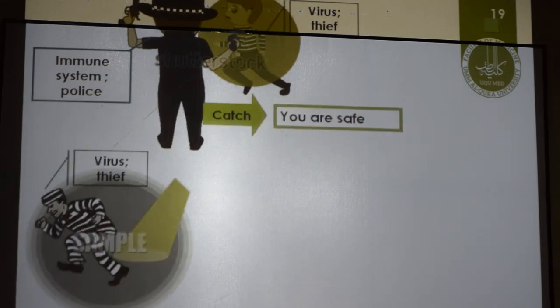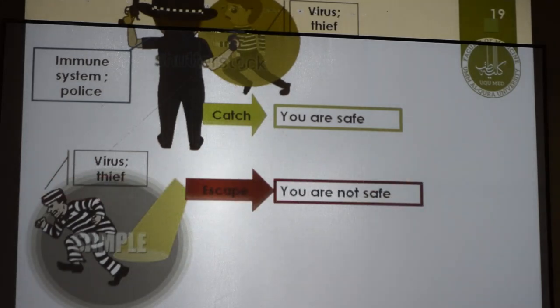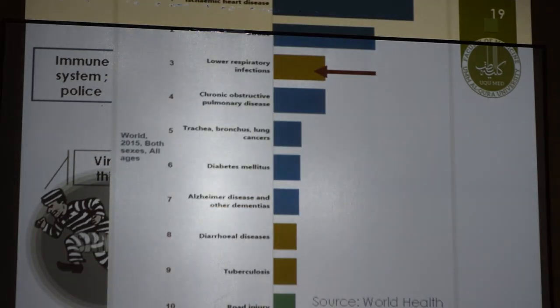But if the virus or pathogen, this thief, escapes and hides somewhere, then you are not safe, there is a problem. Viruses have certain characteristics by which they can cause a lot of problems and escape your immune system.